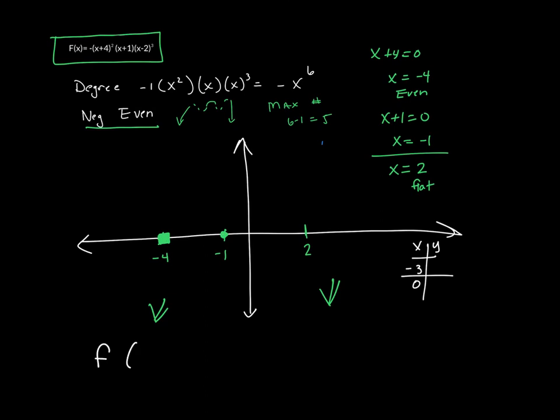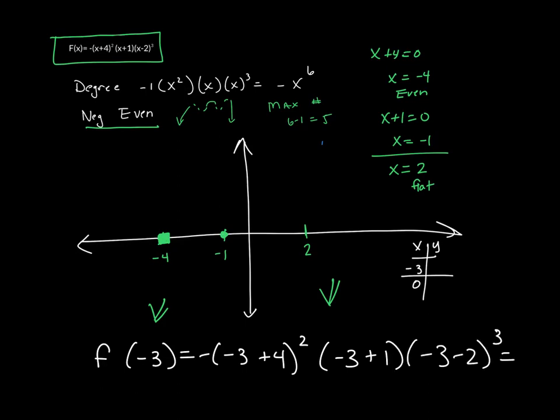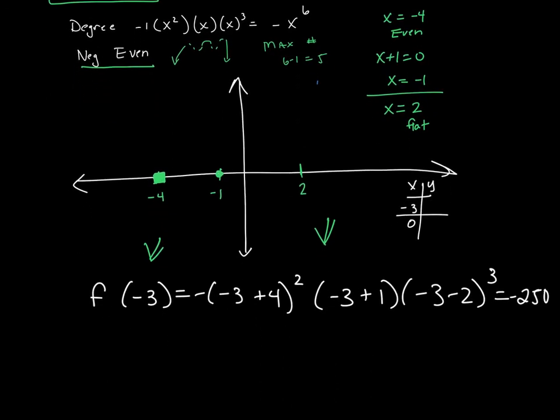So what I'm saying is, where is f equal to negative 3? And that happens at negative 3 plus 4 quantity squared times negative 3 plus 1 times negative 3 minus 2 cubed. And that's hugely small. That happens at negative 250. So that's going to be way out of our scale. Going to be way down here somewhere at negative 250.